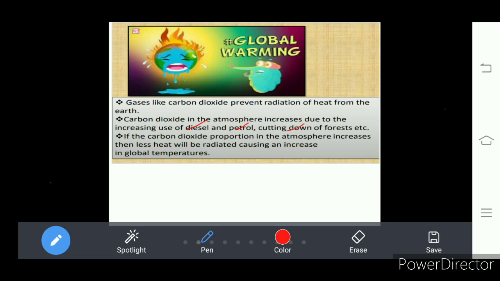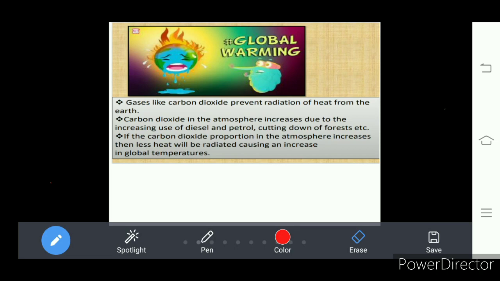So what happens if the carbon dioxide proportion in the atmosphere increases? When the carbon dioxide proportion in the atmosphere increases, it opposes the heat radiating into space, and that is what we call global warming.